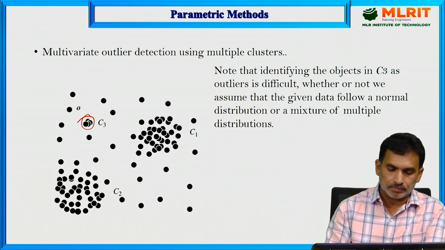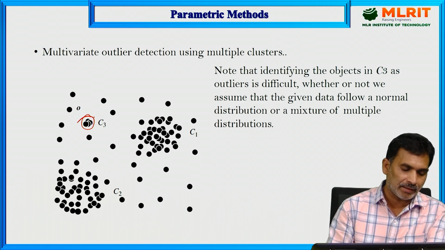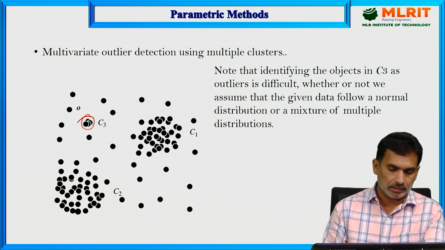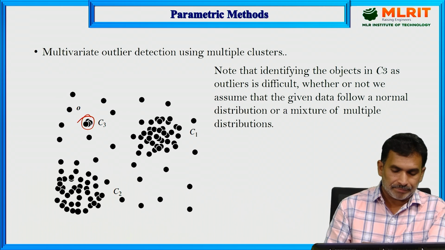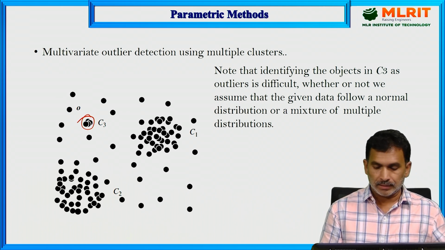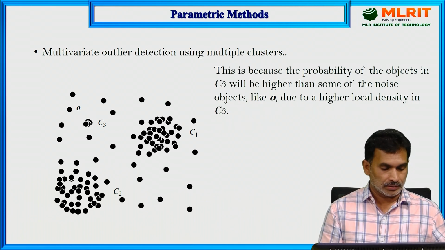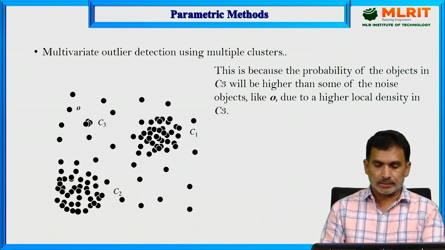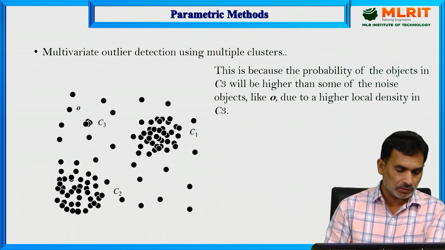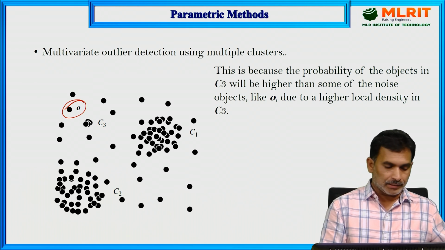So we could identify cluster C3 as an outlier, but it is difficult to identify the distribution of this particular cluster. That's why we follow a mixture of multiple distributions. This is because the probability of objects in C3 will be higher than some of the noise objects like object O, due to the higher local density in C3.